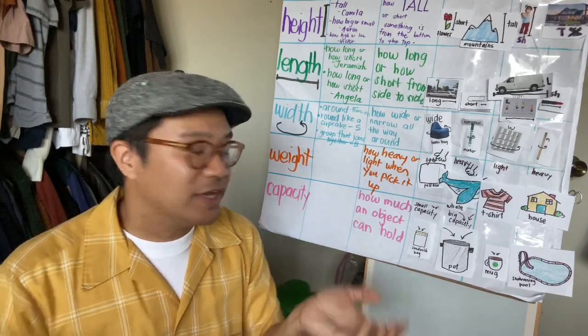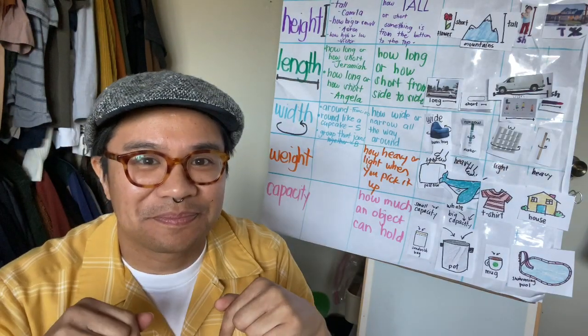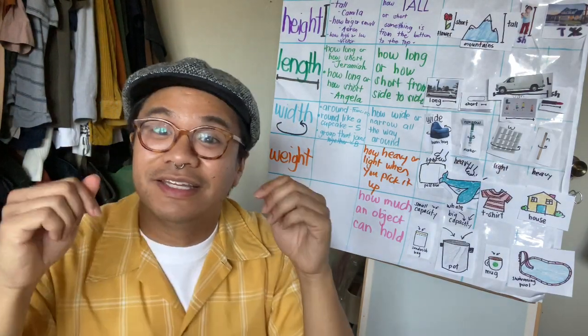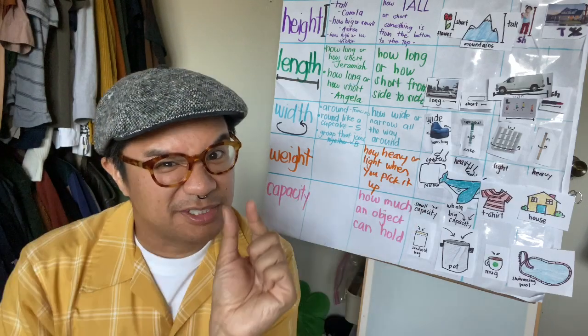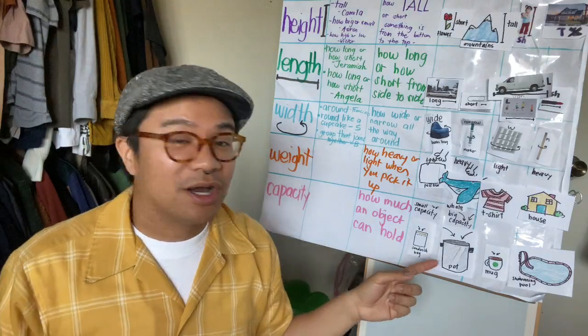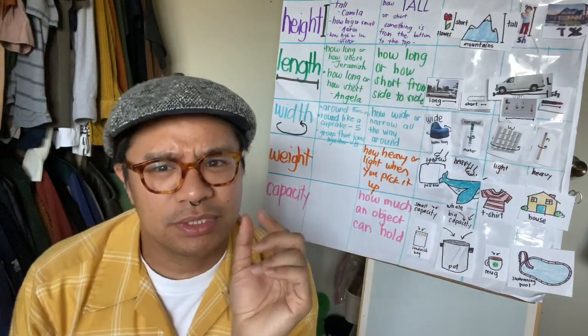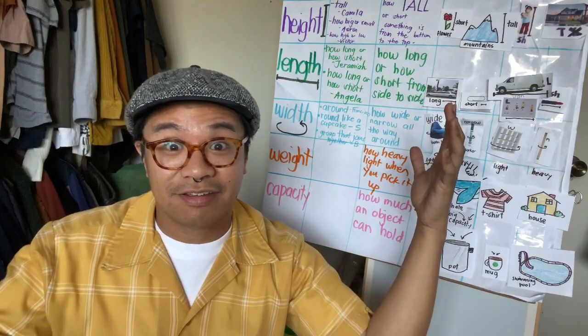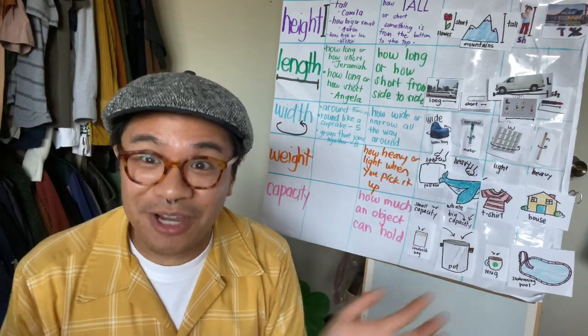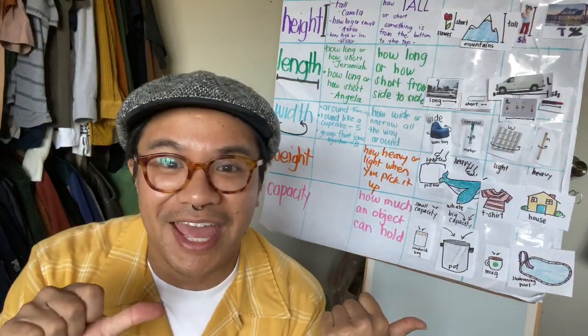An object can have a small capacity. Say small capacity. That means it can hold a little bit. And an object can also have a big capacity. That means it can hold a lot. Now we know what capacity means. Let's get into our activity.